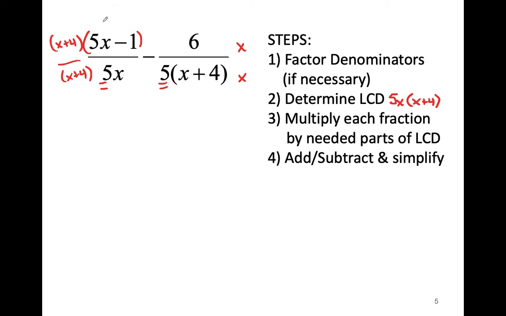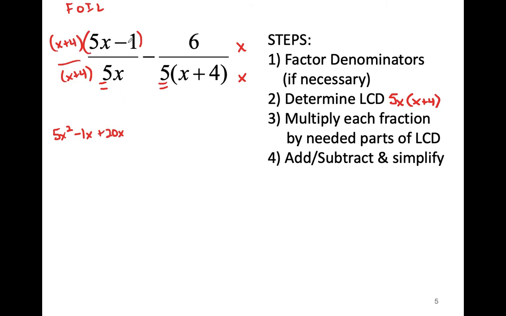Now, my numerator here, I got a FOIL. So for me to multiply all this out, let's go ahead and do that here. x times 5x would be 5x squared. x times a negative 1 would just be minus 1x. 4 times 5x gives me 20x.